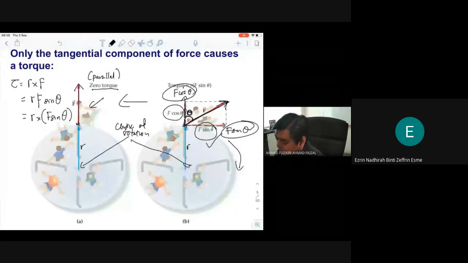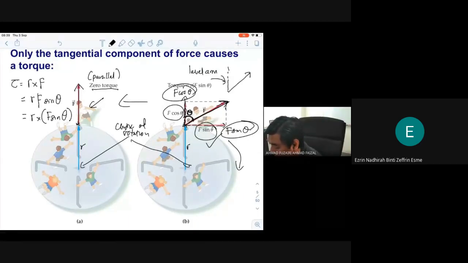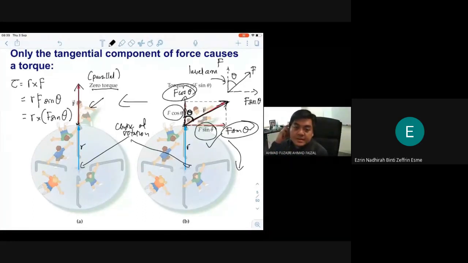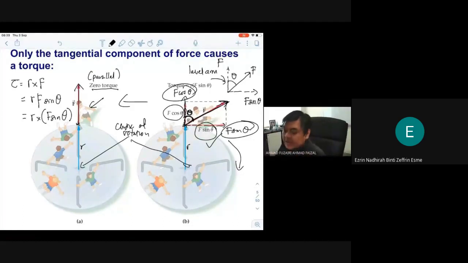Sebab theta itu duduk di antara force dengan lever arm macam ni. Kalau ini adalah lever arm, dan ini adalah force, so this should be the theta. So kita akan dapat dekat sini F sin theta, yang dekat atas ni F cos theta. Senang cerita, memudahkan kita faham what is the component of force that cause a torque.